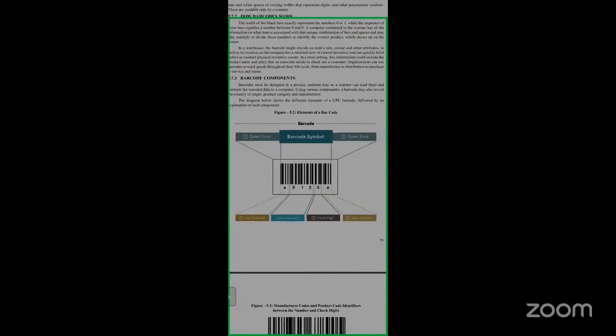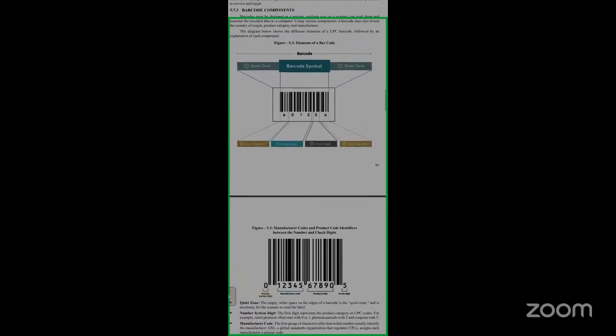It is designed in a precise uniform way so scanners can read it and transmit the encoded data into a computer. So whenever that is scanned in the system, it displays what that product is, what its range is, what its shelf life is, when it was manufactured, all details will be displayed.